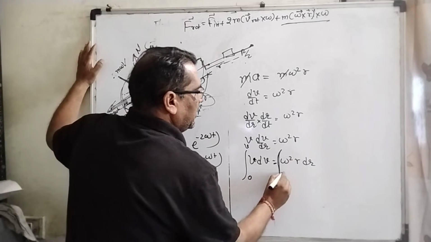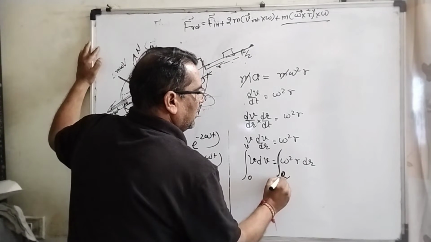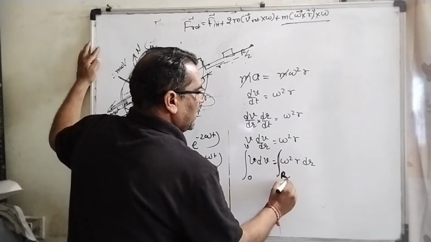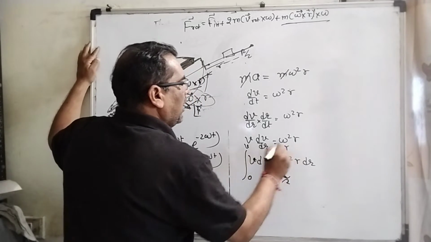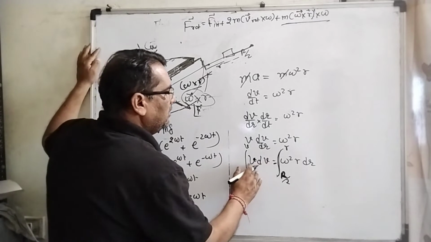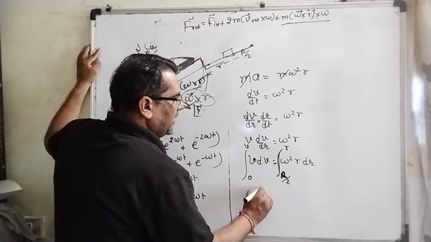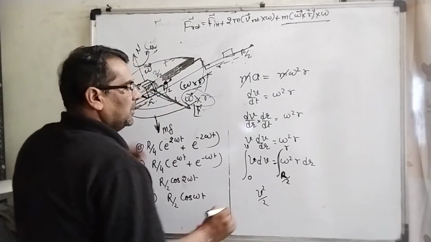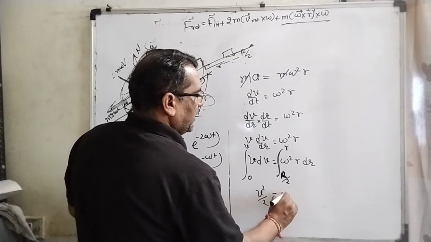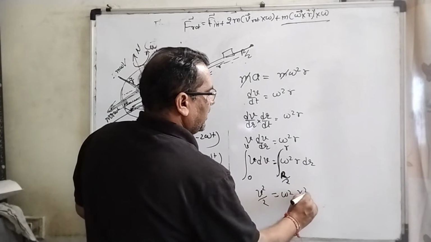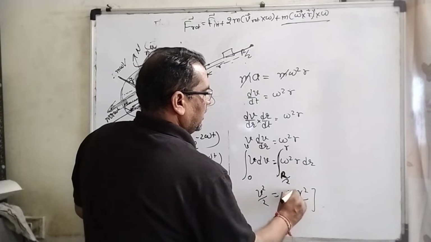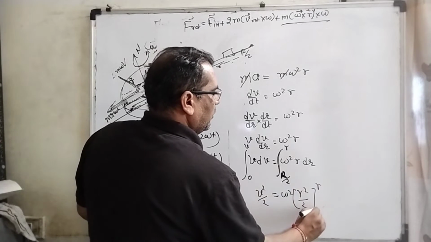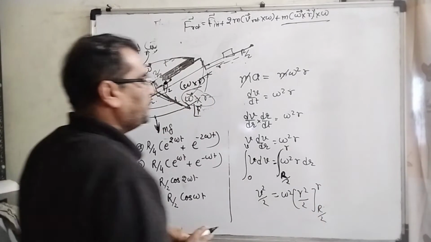So the initial limit is R by 2 and the final limit is small r. Then v dv gives v square by 2, and taking omega square common, r square by 2, with upper limit r and lower limit R by 2.